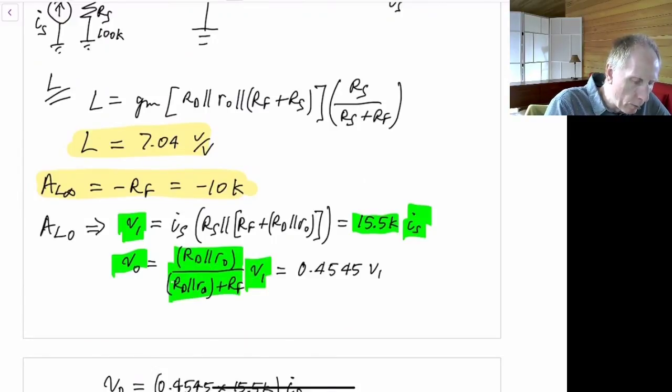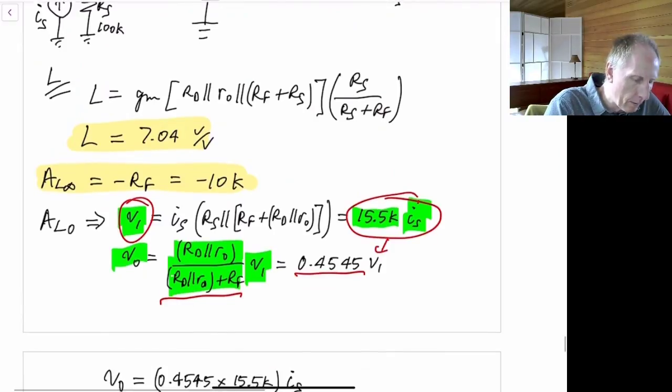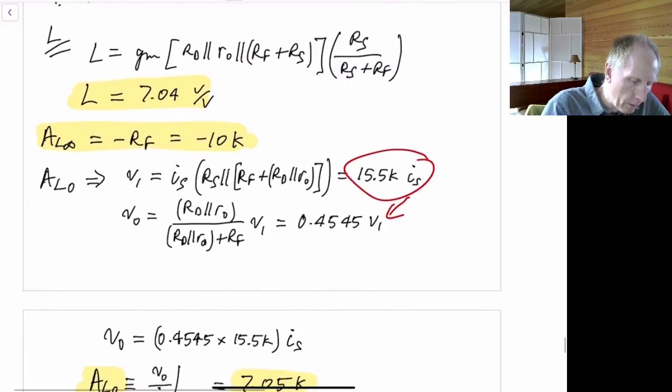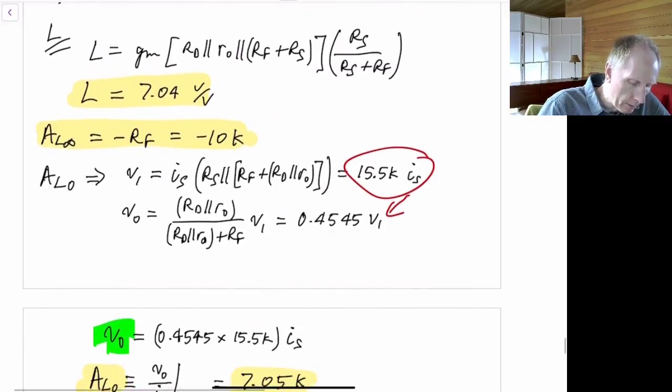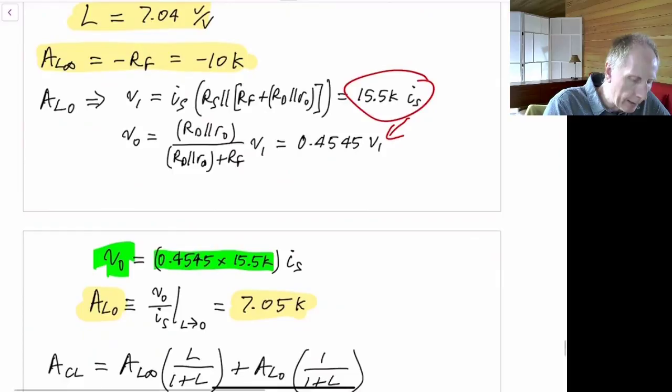We already have V1 from here, so we can make this substitution in to there. So this 0.4545 is this value right here. So making this substitution, we have that V out is equal to 0.4545 times 15.5K.